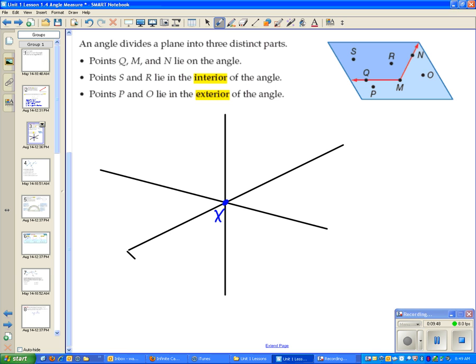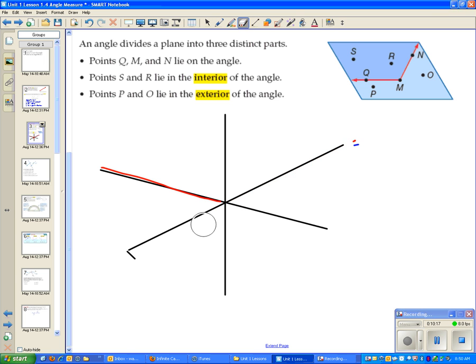No, because maybe angle x is this one, right? Or it could be this one or this one. Or look, it could even be combinations of these, couldn't it? Couldn't it be that one? You can't tell. So naming an angle after its vertex doesn't always work. Calling something angle x when you have a drawing like this is counterproductive because nobody really knows if we're all talking about the same angle.